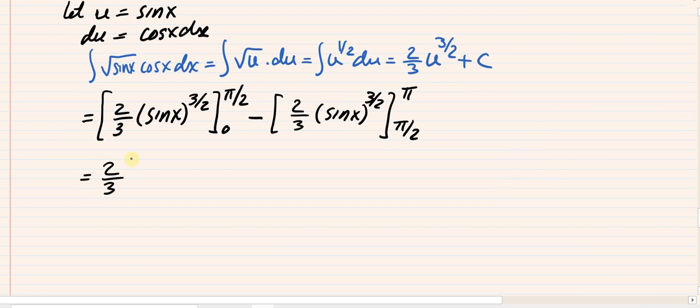Now I can directly substitute, by the fundamental theorem part 2. For the first, the upper limit, sine of pi over 2, sine of 90 degrees, is 1, so 1 to 3/2 minus sine of 0, which is 0.